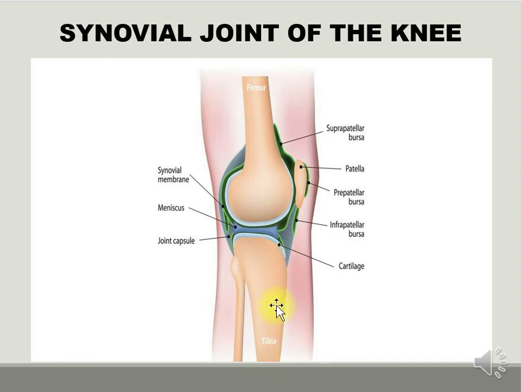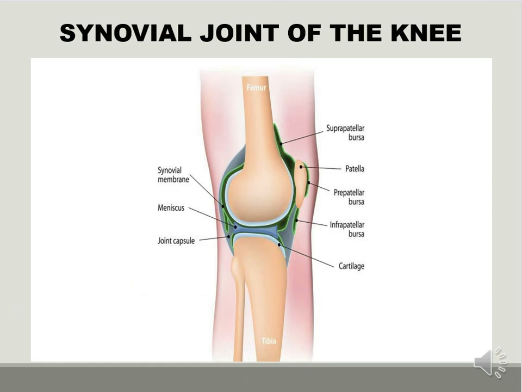So this is the tibia, the strong bone, and the fibula, this is the narrow bone. And they are also joined by the articular cartilage, and within a capsule the fluid is also present, which is your synovial fluid. But the only difference in the knee joint is there is one extra bone here, which is the patella or the kneecap, right? So they are also held by the ligaments.